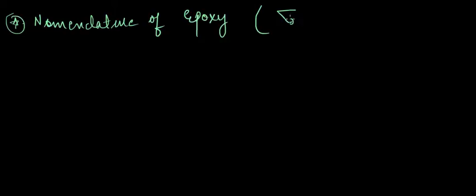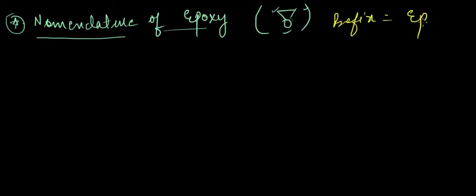So nomenclature of epoxy group. So what's an epoxy? Epoxy is this: the three-member ring containing 2 carbon atoms and 1 oxygen atom. So its prefix is epoxy only.